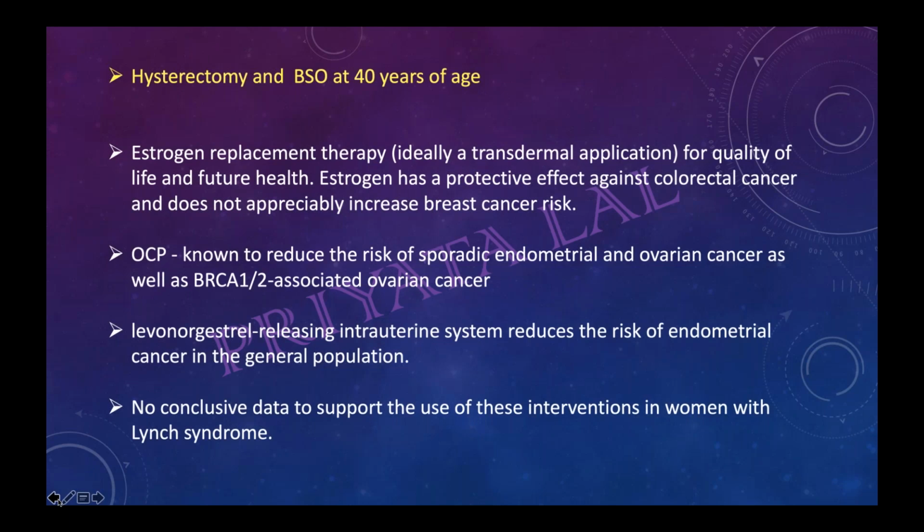Second, if we give LNG-IUS, it causes endometrial thinning, so it will decrease the chances of endometrial cancer in the general population. So these two are the risk reduction strategies for endometrial and ovarian cancer. But these two strategies will not help to reduce endometrial cancer and ovarian cancer if the patient has Lynch syndrome.